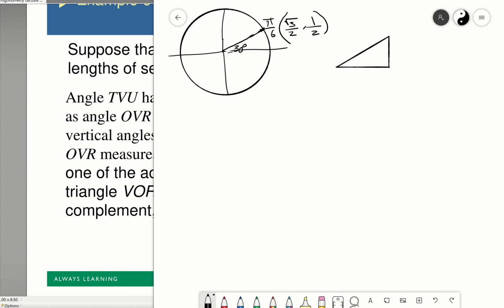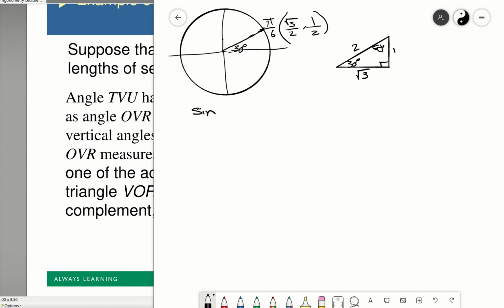So let's say this is 30, this is 60, and that's 90. So for sine and cosine, we can just use those, but it's a little bit easier to come up with the other values if we look at the triangle. So we know that in this reference 30, 60, 90, the side opposite 30 is 1, the side opposite 60 is square root of 3, and the side opposite 90 is 2. So let's go ahead and write all the 6 trig functions.